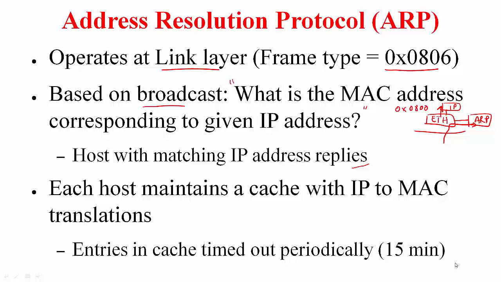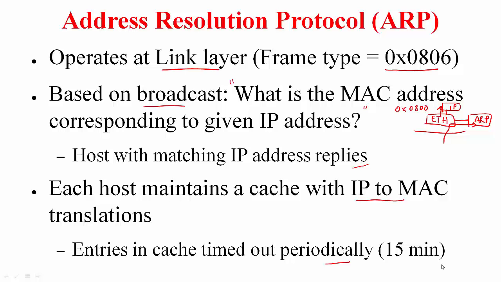And what does it reply with? It basically tells this is the MAC address corresponding to this particular IP address. Not only this, each host, since it needs this information for forwarding, maintains a cache with these IP to MAC address translations. And the entries in this cache time out periodically. Why do you think you should remove the entries periodically?